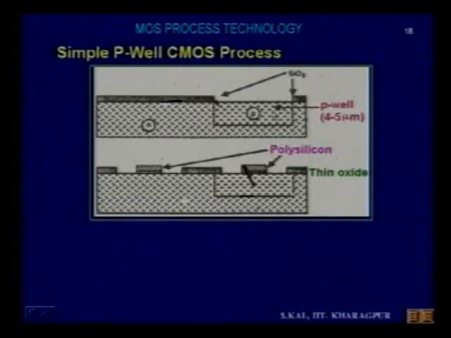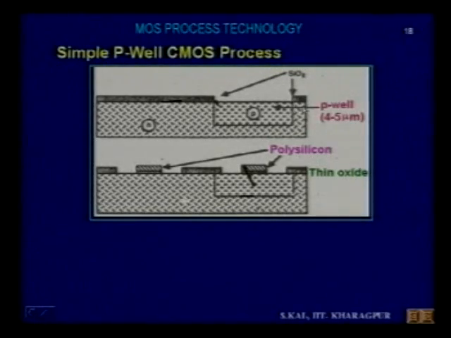POL means a P-type substrate, in which you can easily fabricate the NMOS, and in the N substrate you can fabricate PMOS. So side by side you are getting both the MOSes.